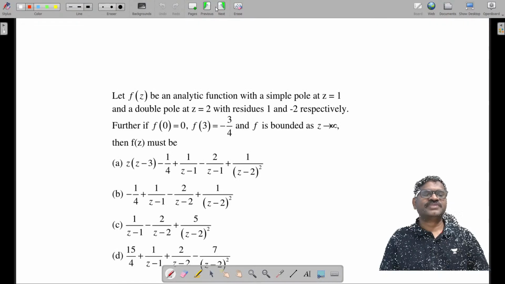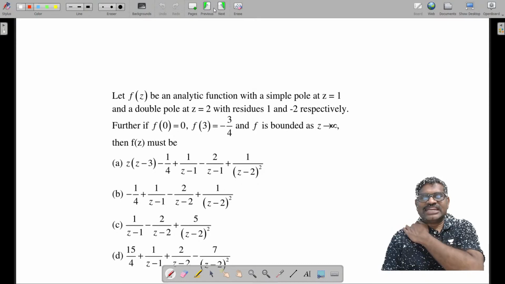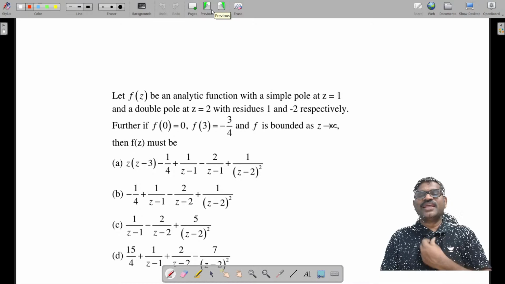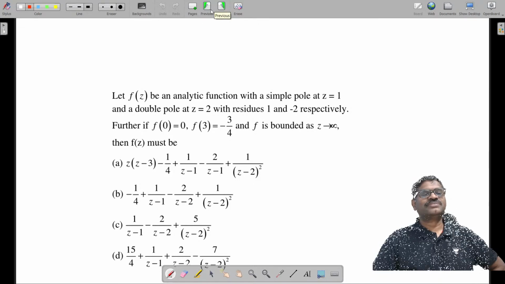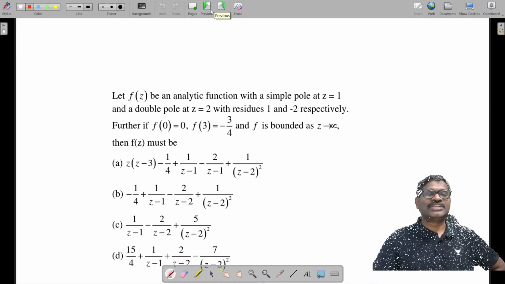Next problem, excellent problem. The function is analytic with a simple pole at z equal to 1 and a double pole at z equal to 2.